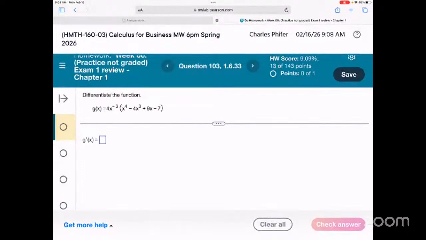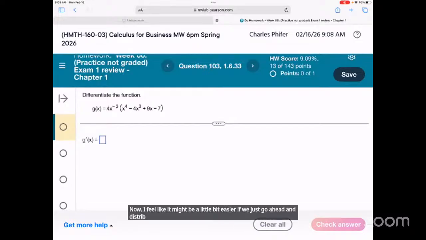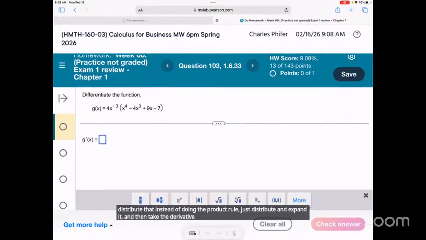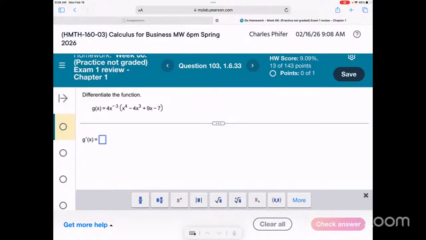Now, I feel like it might be a little bit easier if we just distribute and expand it and then take the derivative. So I'm going to take some notes here. It's just going to be a 4x for the first term, minus 16, plus 36.